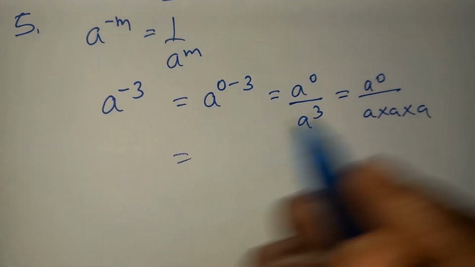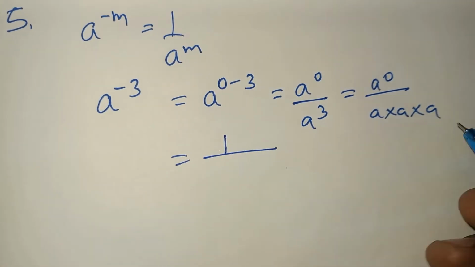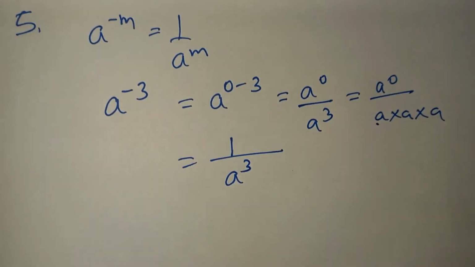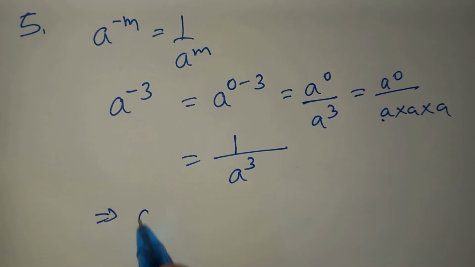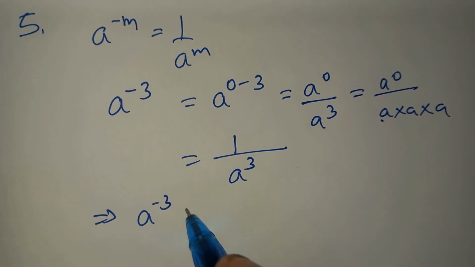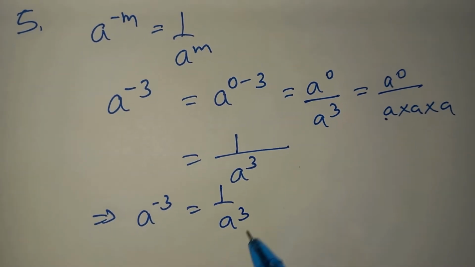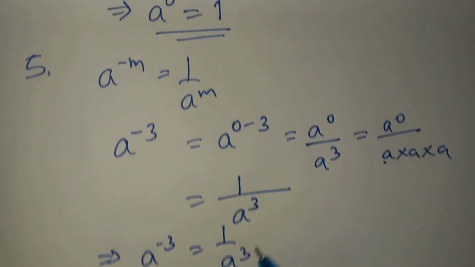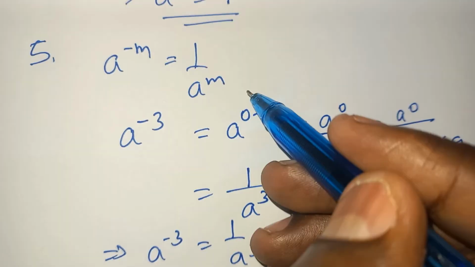Now, a raised to power 0 we know is 1. A times a times a is a cubed. So this implies that a raised to power minus 3 is actually the same as the reciprocal of a cubed. So that demonstrates the negative index rule.